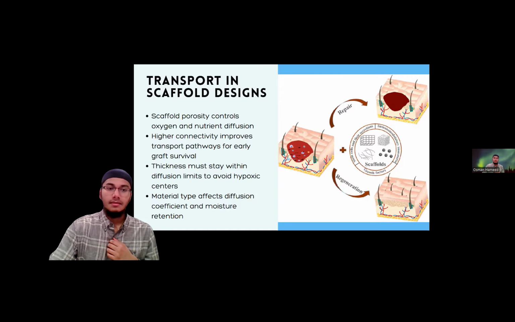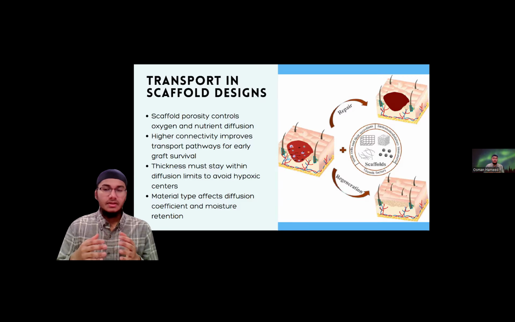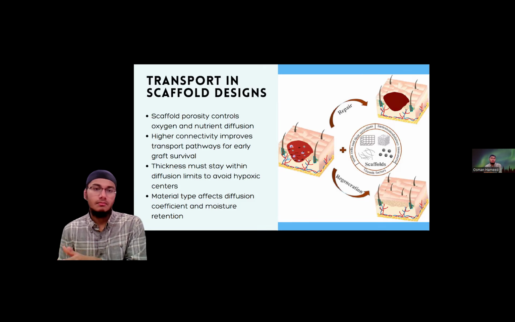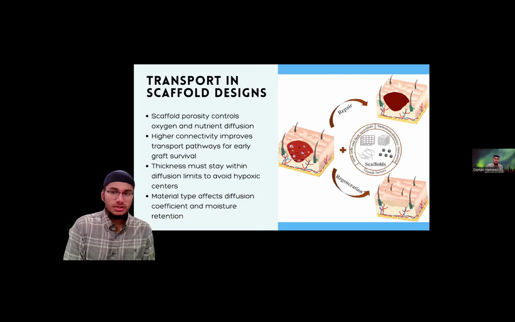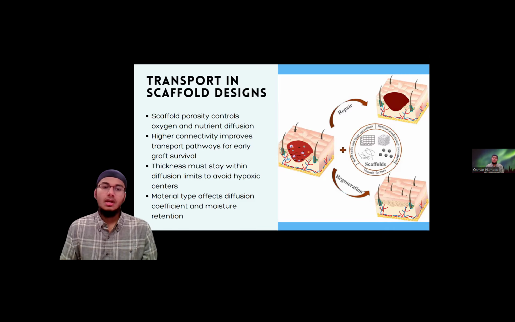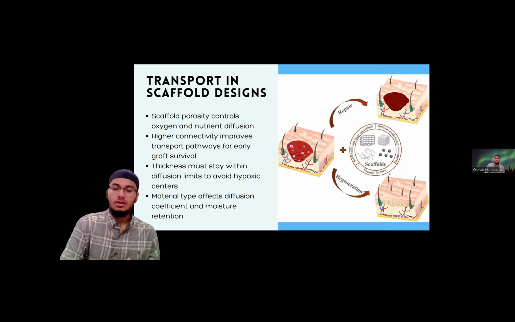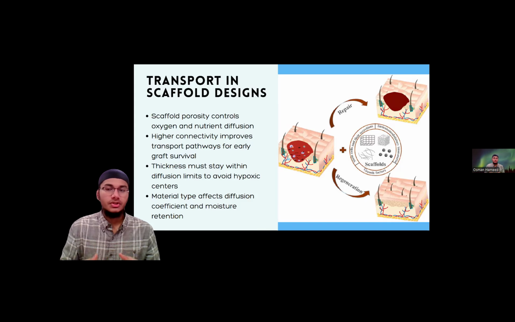Another, and the fourth one, is moisture. Having too much moisture in one area and too little moisture in another area can cause a lot of damage, or it can cause a little too much inflammation. Or if you have too much moisture in one area of the skin graft, then it can be much more susceptible to infections. And the last one, the fifth one, is drug delivery.